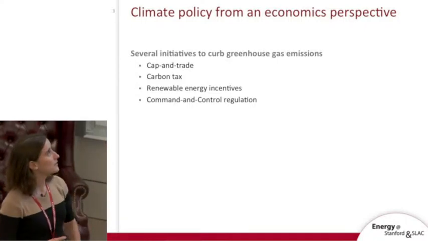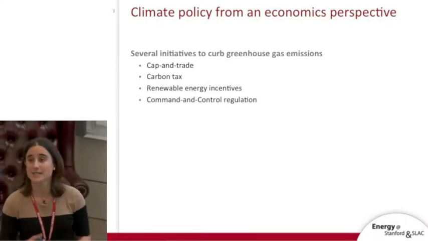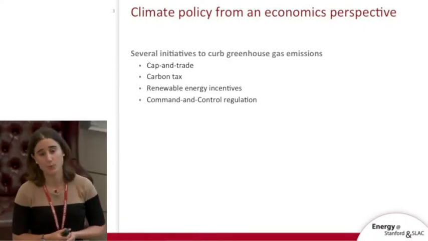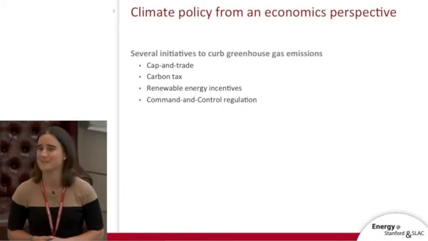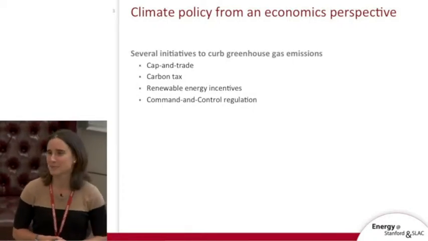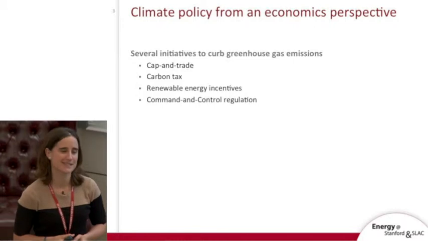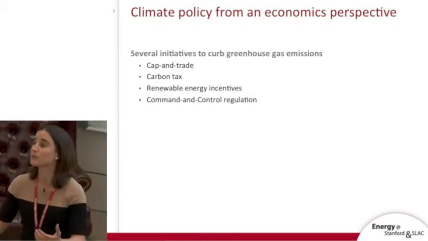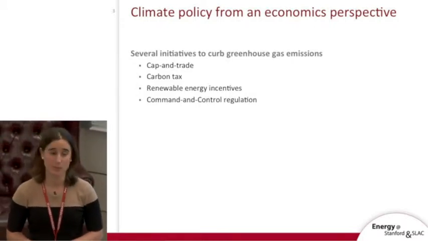Another way to address the greenhouse gas challenge is through renewable policies. Most of you must be familiar with several policies that have been trying to increase the amount of renewable energy that we produce.